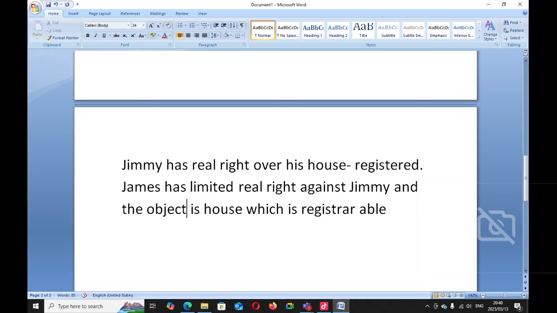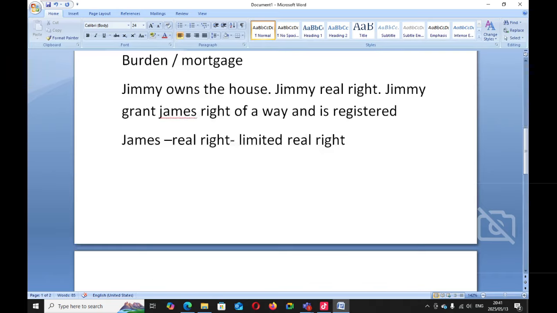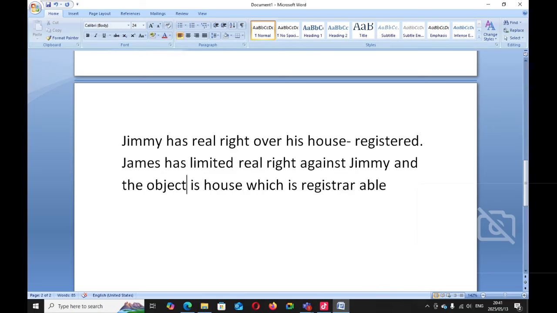If you all have understood, no problem, we are moving forward. Now, in property, of course, they will say you must describe. This question will be on the examination.